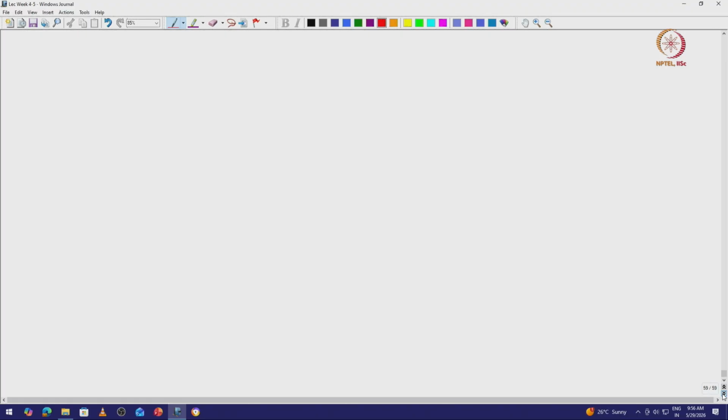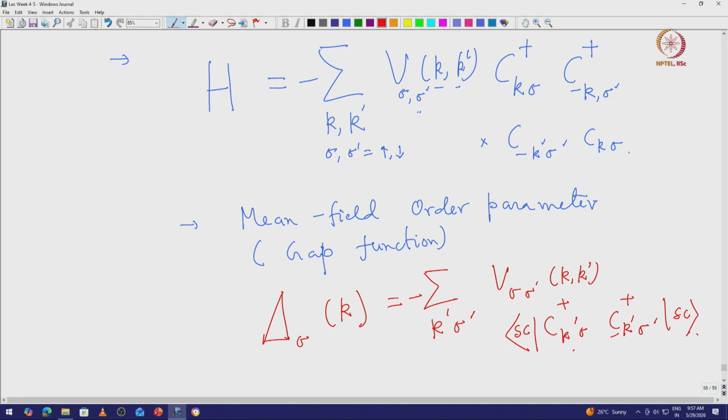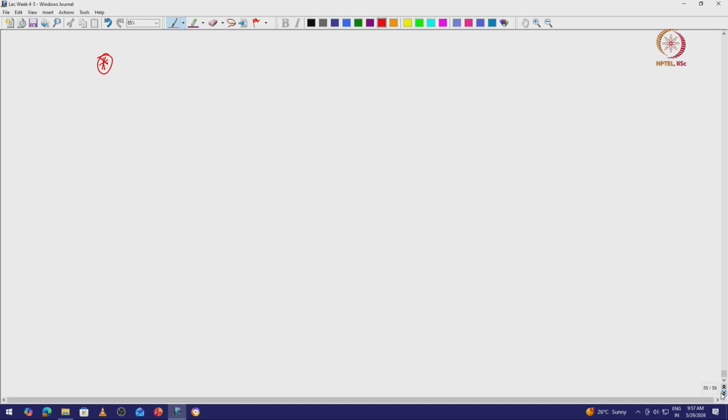Now, one thing that comes for superconductivity, the superconducting order parameter, which does not appear for charge density wave or the magnetic case, is the fact that this is still two electrons coming together in a given state, sort of forming a Cooper pair.